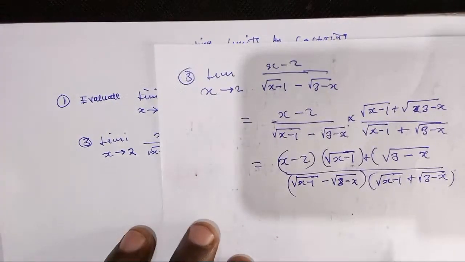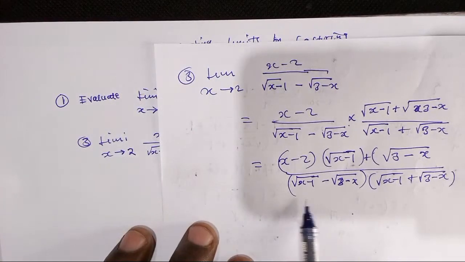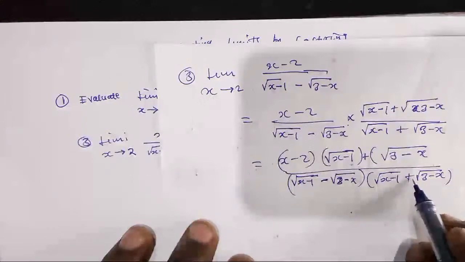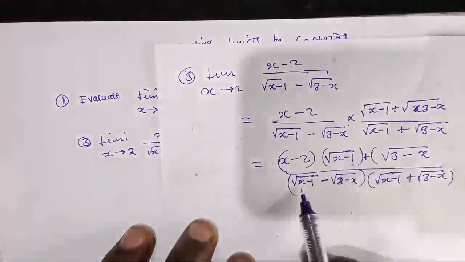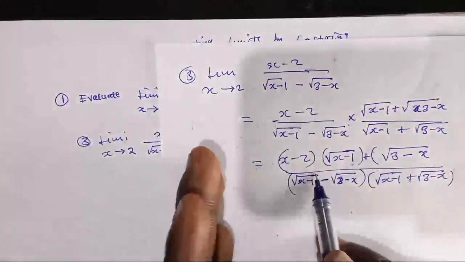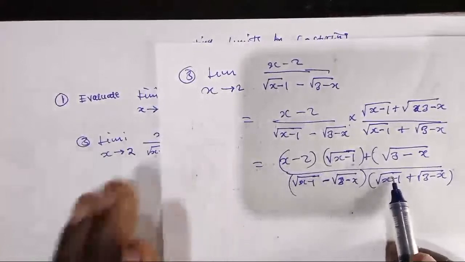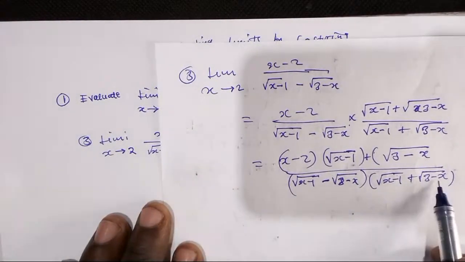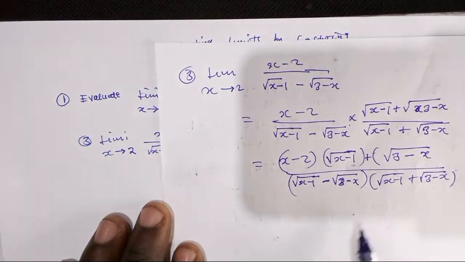Like I said, don't waste much of your time expanding all these. Just check if you have a negative here and a positive here. That means the first term will be multiplying by the first term in the second bracket, then the second will be multiplying by this one here, right?